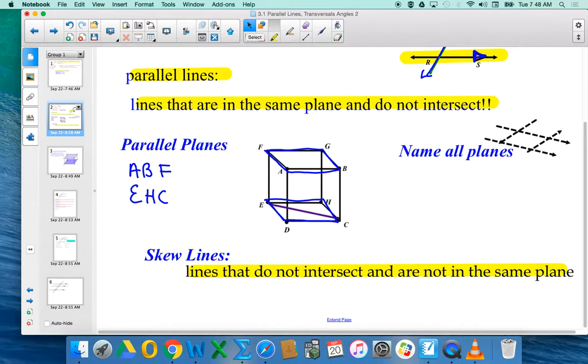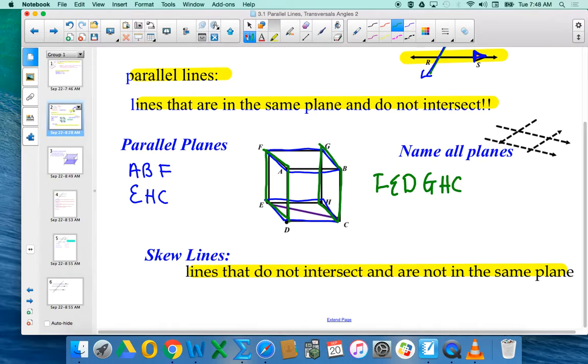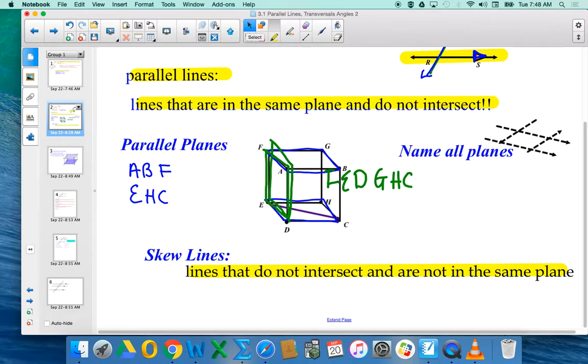We could also say that FEDA is parallel to GHCD. So we could say that as well.